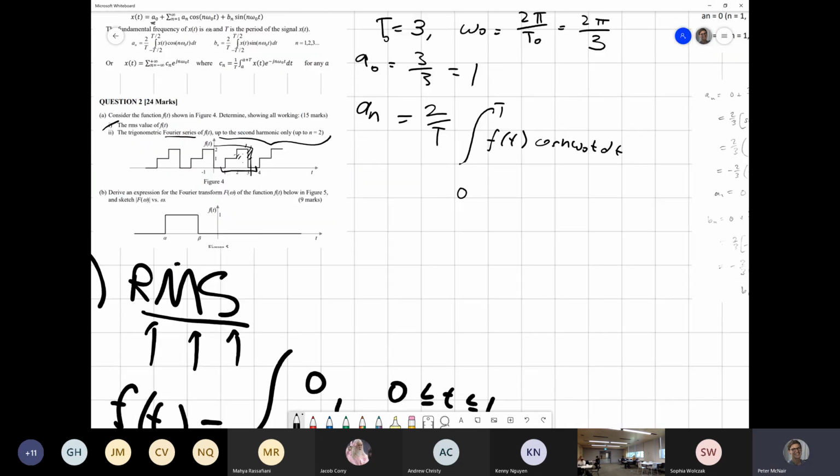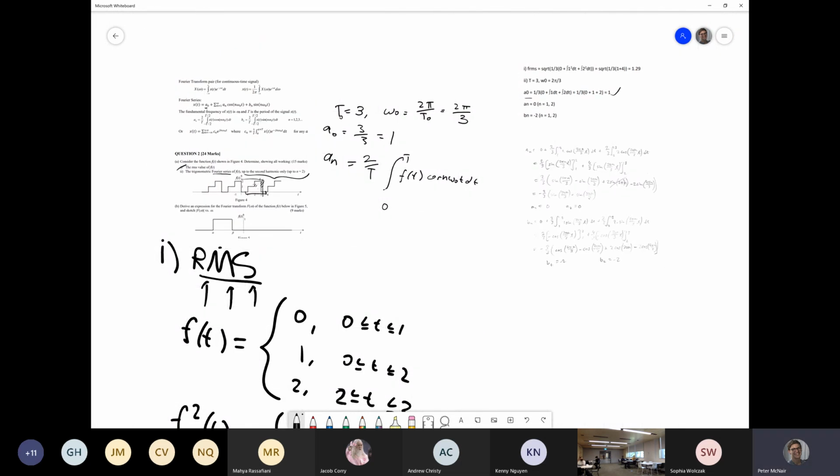We know that f of t is fairly well defined and quite easily defined. So let's just write this out as 2 on 3, that's our T. And then we're going to have an integral from 1 to 2. It's going to be 1 times cos n omega naught t dt.